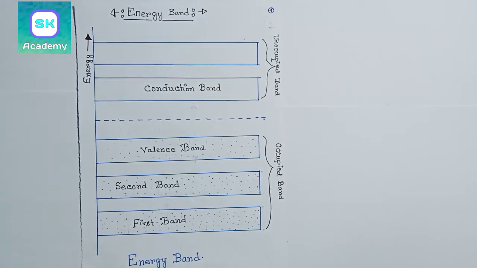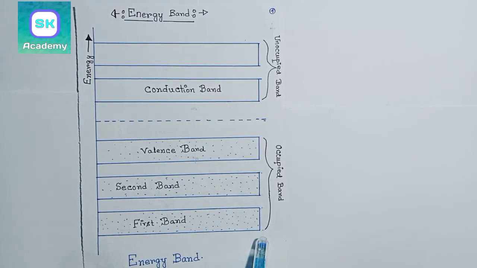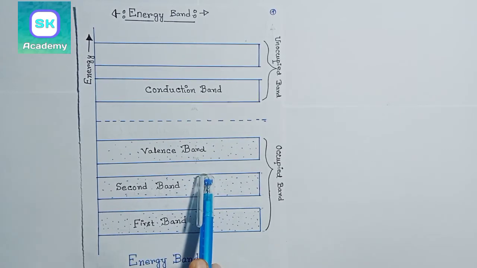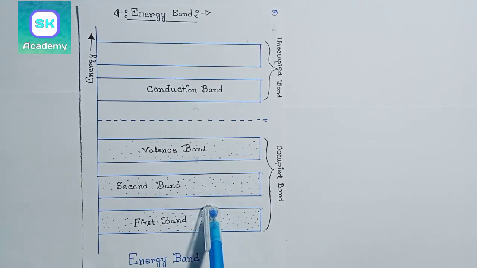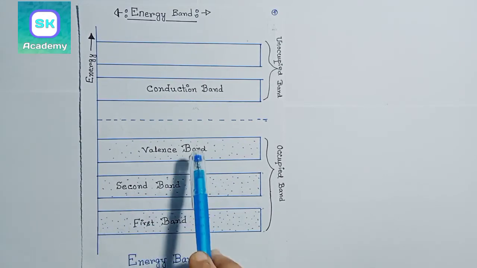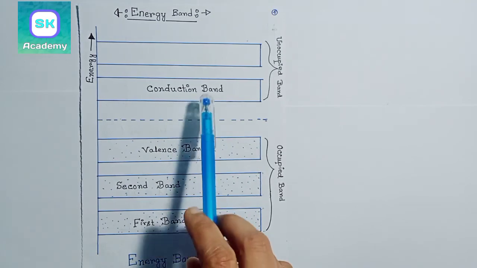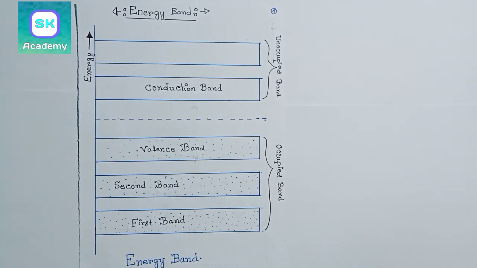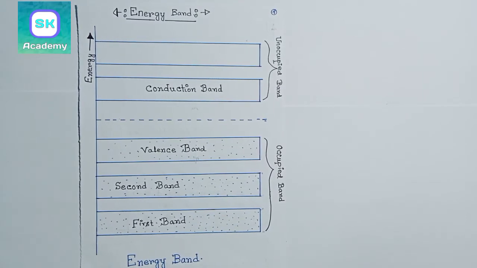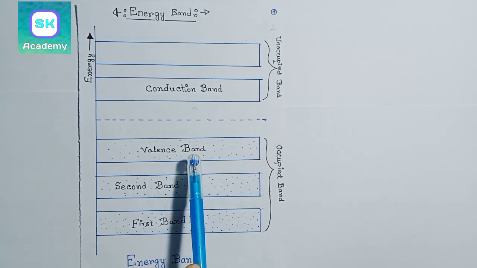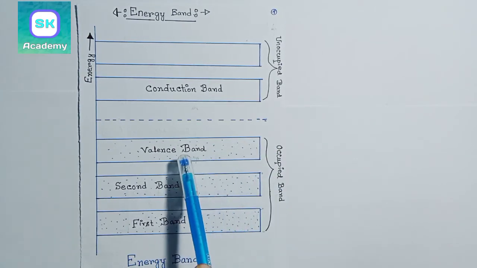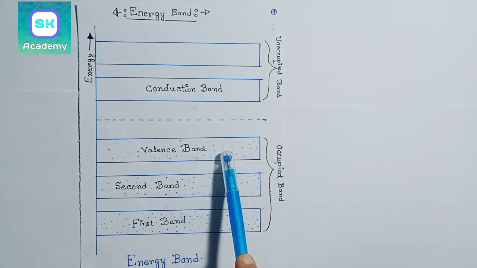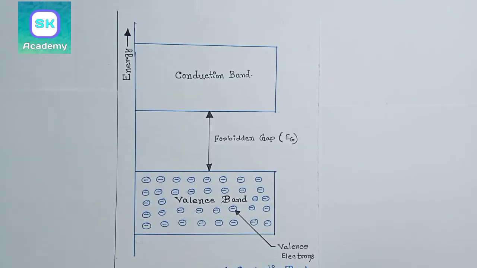Next, what is energy band? Energy band is basically range of energies of electrons in the same orbit. Now there are two types of energy band. One is valence band and other is conduction band. Valence band is basically the highest occupied band.